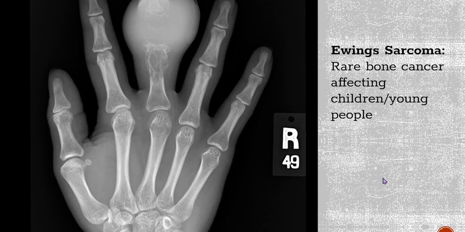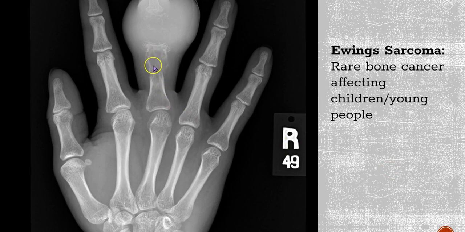Ewing's sarcoma. This is a rare type of bone cancer that affects children and young people most often. You can see here we've got some osteolytic lesions in the third proximal phalanx. And what we mean by osteolytic is that this is a destructive bone process. It is taking away from the bone density and making it more radiolucent, the bone.